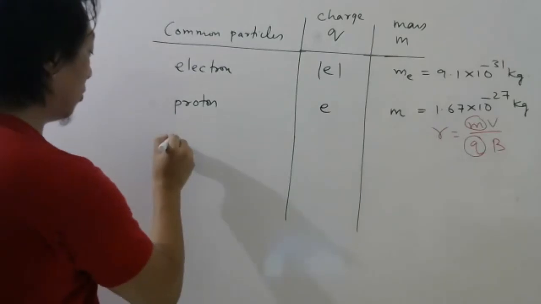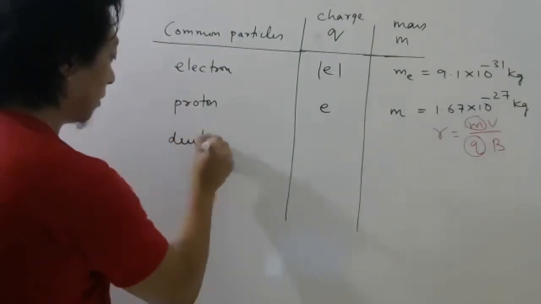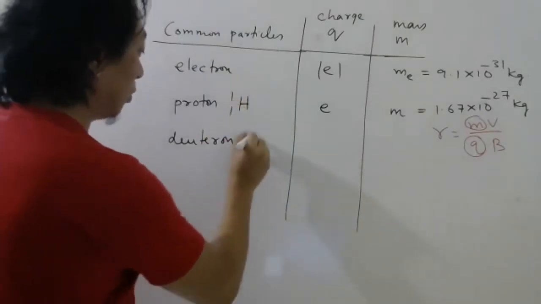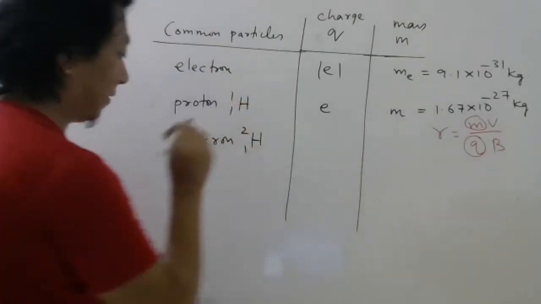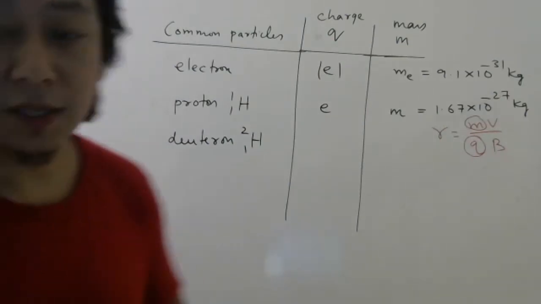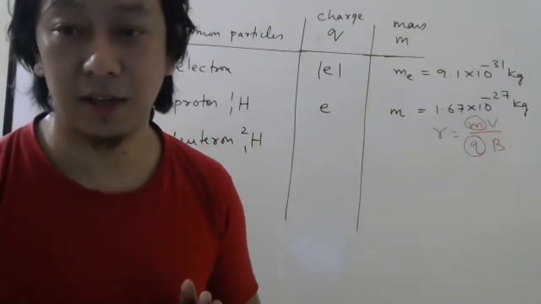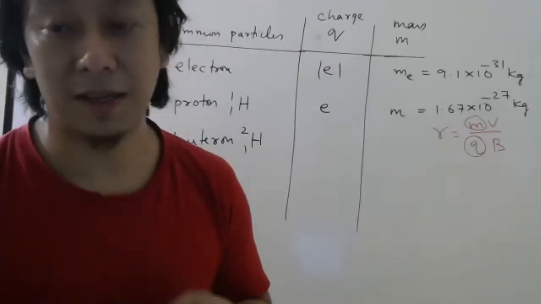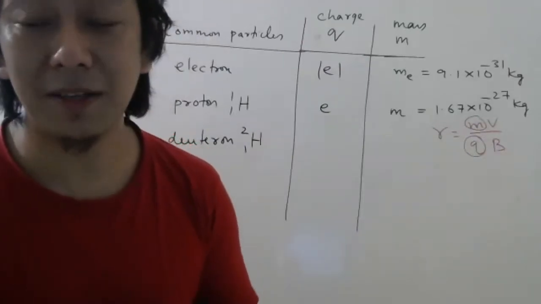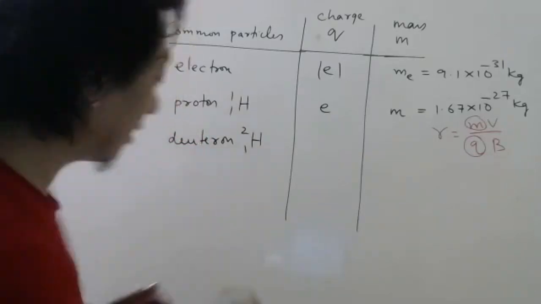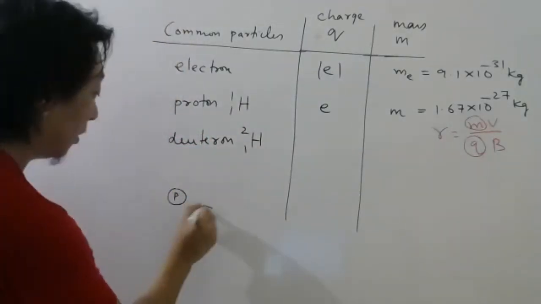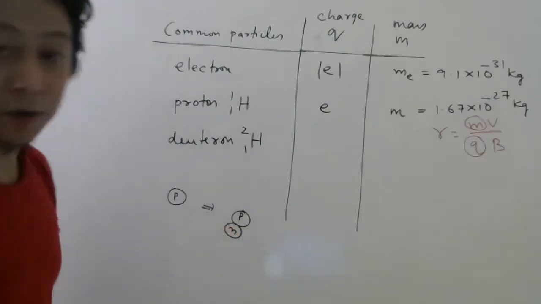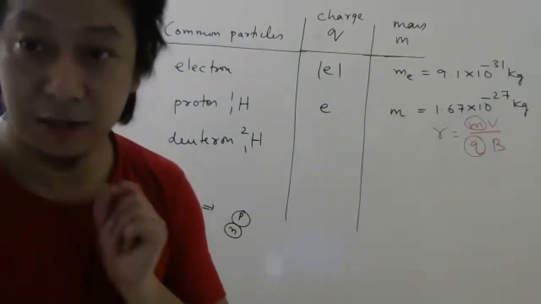So they may ask you deuteron. If you write proton as H11, deuteron is H21. Deuteron is an isotope of hydrogen only. It has the same charge but almost double mass. Why did I say almost double mass? Because proton means a single proton, and deuteron means proton and neutron. Understood or not?